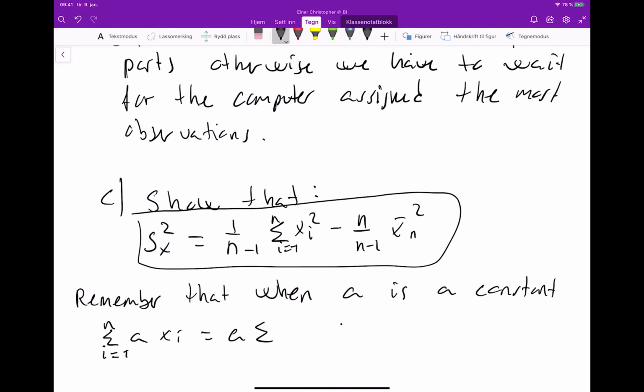We can put the A, or the constant, outside the summation sign like this, and sum over xi. So that's of course okay.